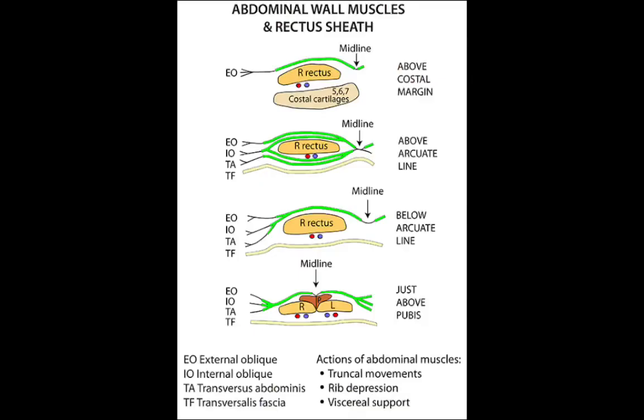Above the costal margins, the wall is thin and formed only by the aponeurosis of external oblique. Next, from the costal margins to midway between umbilicus and pubic symphysis, the wall is thicker and formed by the anterior layer of aponeurosis of internal oblique and the aponeurosis of external oblique.